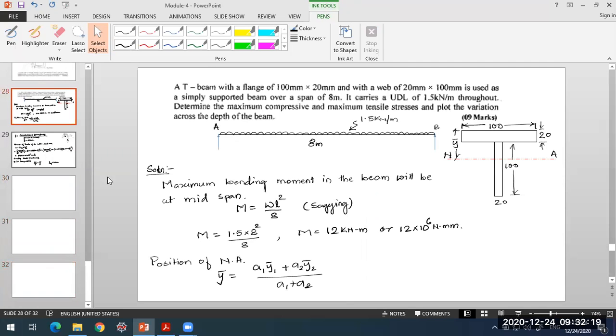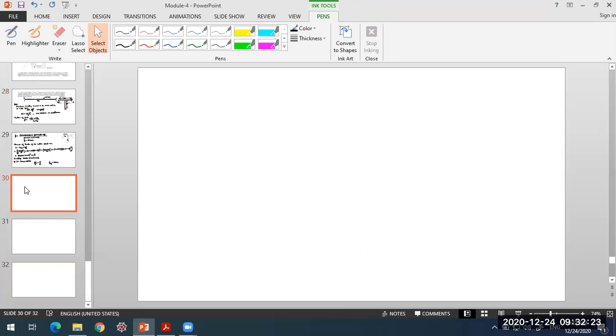So the maximum bending moment is 12 into 10 raised to 6 here. First we require this bending stress value, so that can be expressed as M by I into y.